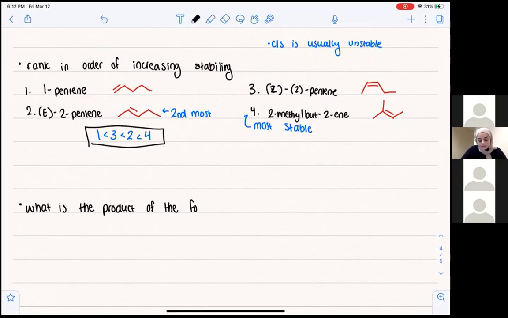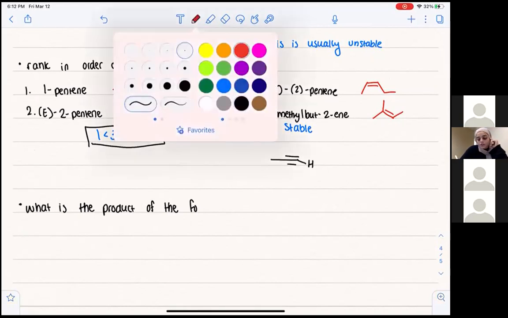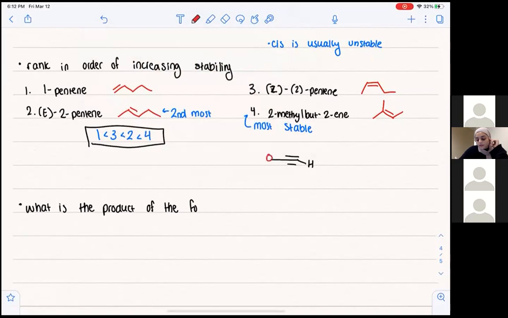1 is the least stable because you know how in alkynes, this hydrogen is super acidic and wants to leave the situation because this carbon over here is trying to stabilize all of these electrons. So then none of the electrons are in this bond over here. So the hydrogen is just like, I want to leave.